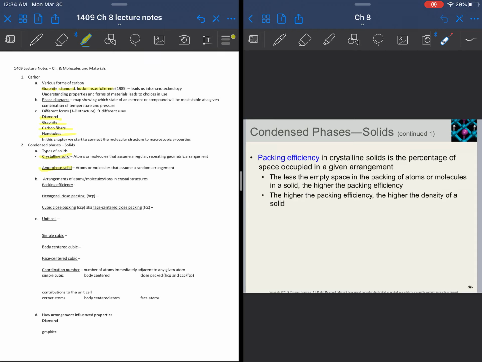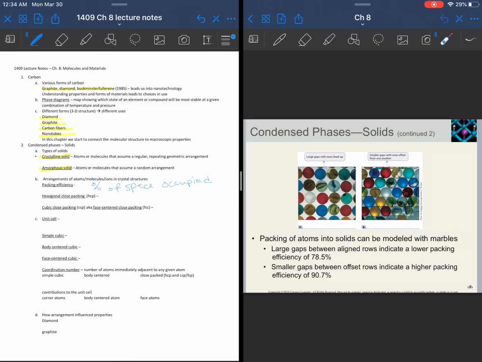All right, to talk about the different ways that atoms can arrange in a solid, we're going to have to know some vocabulary. Packing efficiency is going to be the percentage of space occupied by the atoms in a given arrangement. A higher packing efficiency means there's less empty space.